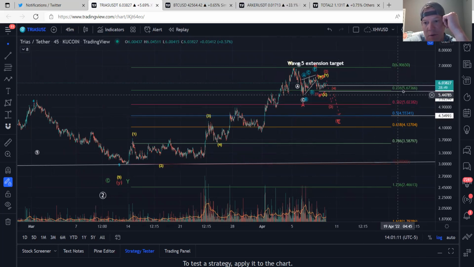It retraced to 0.236, which would indicate a very, very strong uptrend, which is kind of why I'm more leaning towards this more downside scenario.